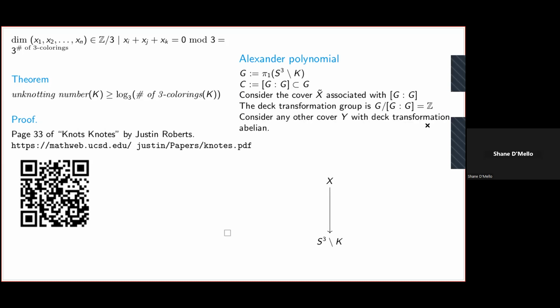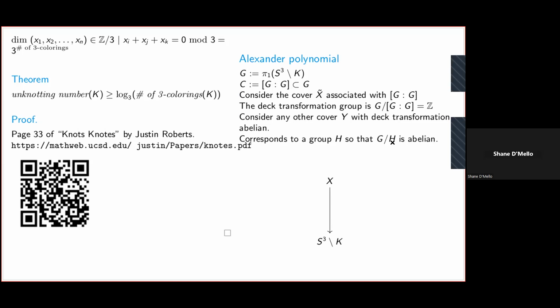But also notice that if I take any other cover whose deck transformation group is also abelian, then the subgroup that it is associated with has to be such that G mod H is abelian.